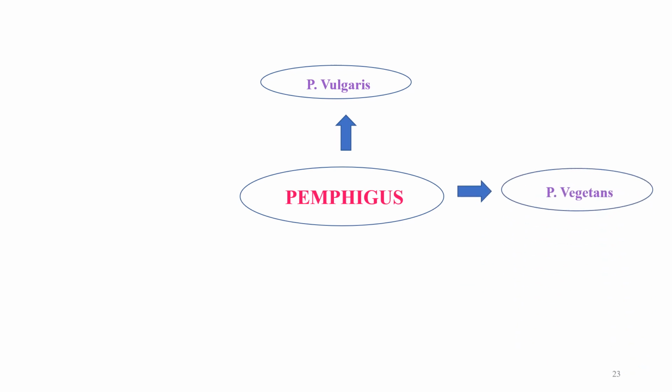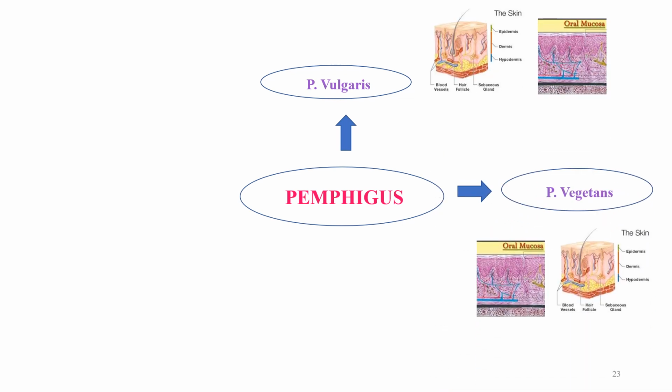Thus concluding, in pemphigus, different sites of involvement are noted clinically among the 4 variants. Pemphigus vulgaris and Pemphigus vegetans involve both the skin and the mucous membrane.